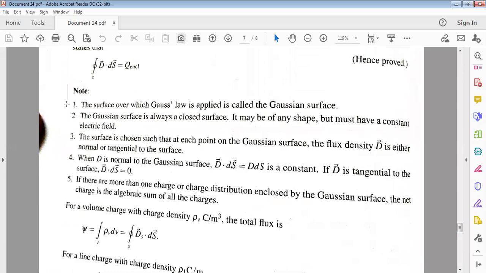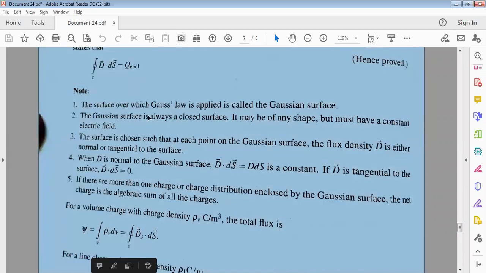The worthy note mentioned here is that the surface on which Gauss law is applied is called the Gaussian surface. What is meant by Gaussian surface? You may have heard the term Gaussian in probability theory, where it is assumed to be uniformly distributed.